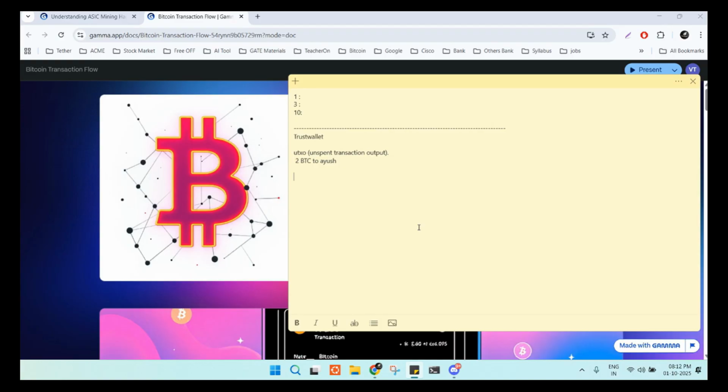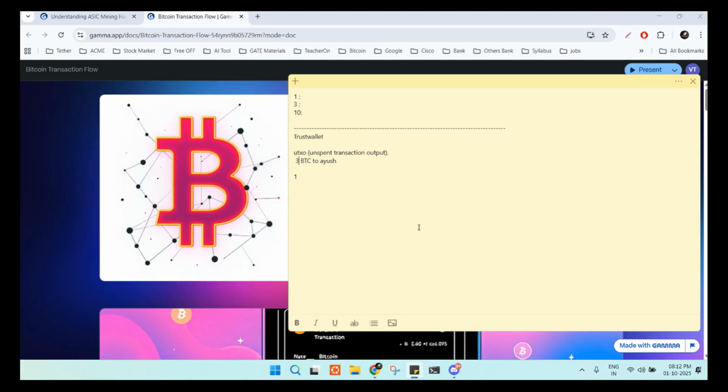It can do the UTXO selection process automatically, based on which will have lesser fees for you. We will discuss this later, but if you want to, you can also manually choose which UTXOs you want to use to send the BTC to Ayush.